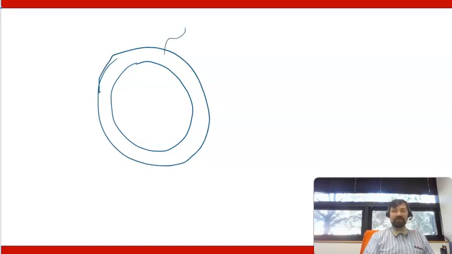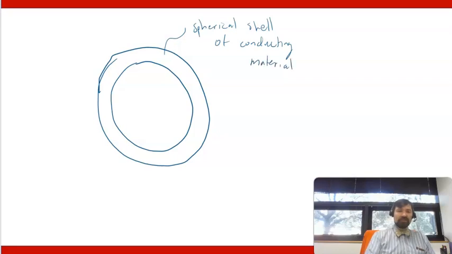We'll label it as a spherical shell of conducting material. And let's say that we place inside of this spherical shell a single point charge. We can make it plus or minus, I don't care.